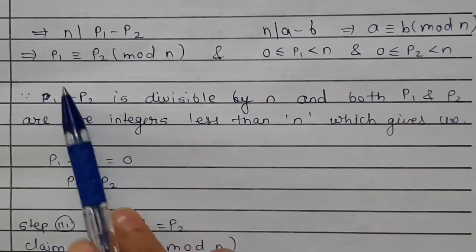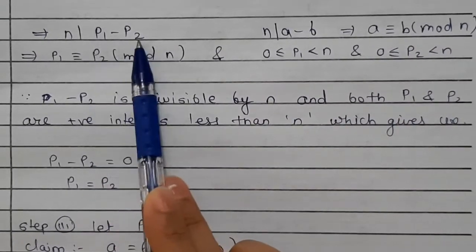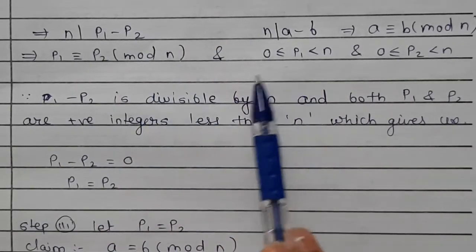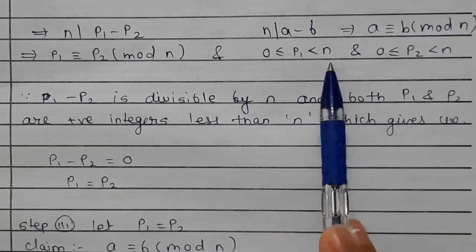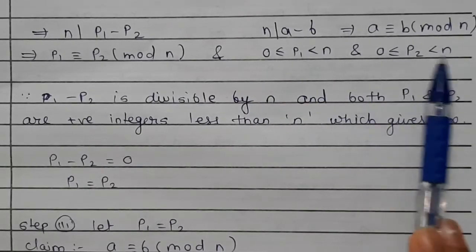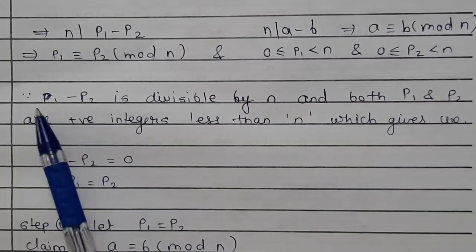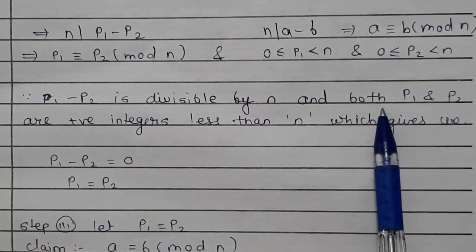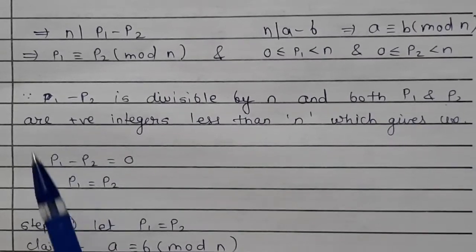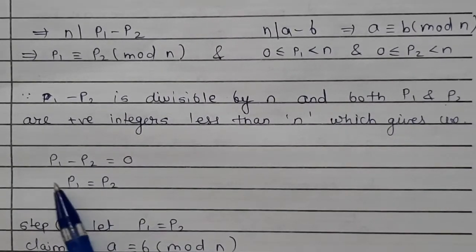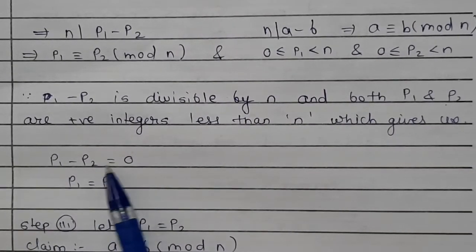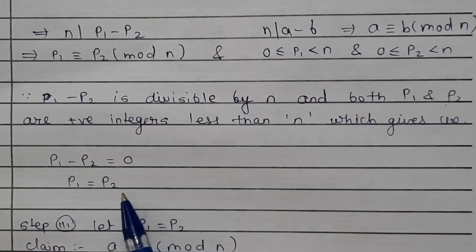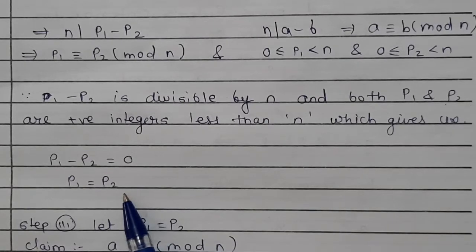So we write p1 is congruent to p2 mod n, where p1 is between 0 and n and p2 is also between 0 and n. Now since p1 minus p2 is divisible by n and both p1 and p2 are nonnegative integers less than n, we get p1 minus p2 is equal to 0, hence p1 is equal to p2. That's what we had to show in step 2.